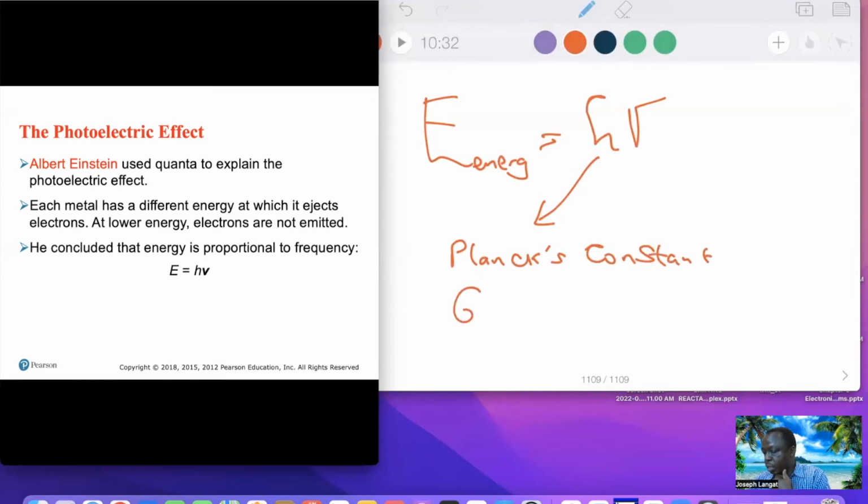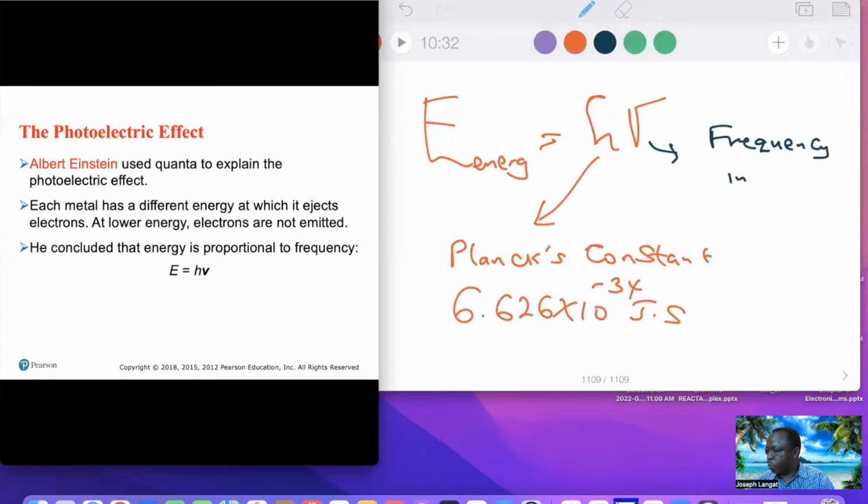You don't need to remember it, but I'll give you this. It has the numerical value 6.626 times 10 raised to negative 34 joule-seconds. This is frequency, in hertz or per second.